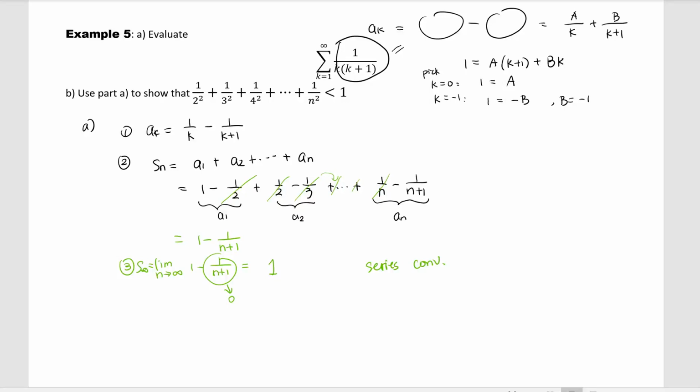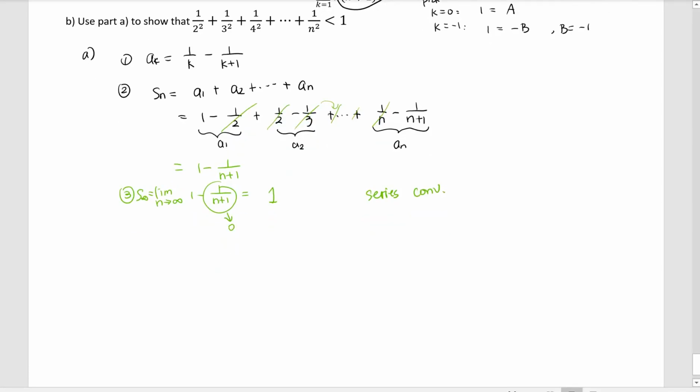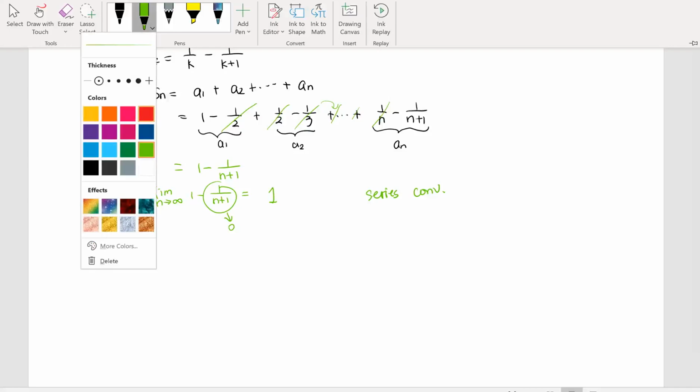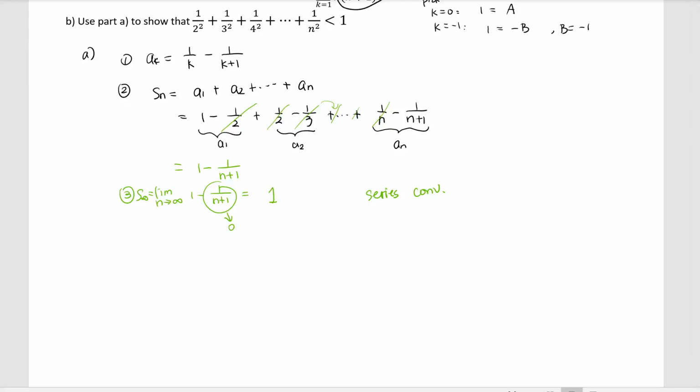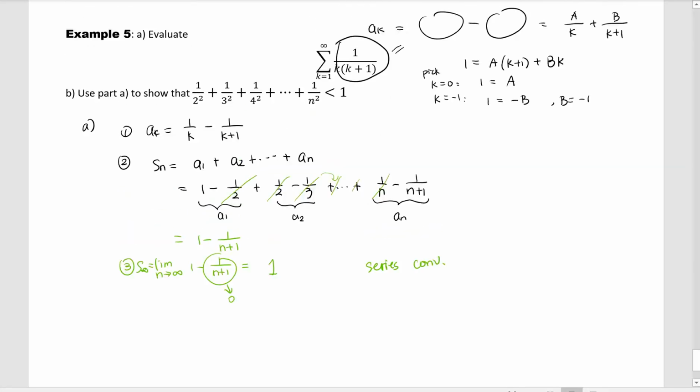Part B. Use part A to show that 1 over 2 squared plus 1 over 3 squared plus 1 over 4 squared plus dot dot dot plus 1 over n squared is less than 1. Okay. So what is that? Well, start from part A. What do we learn from part A?